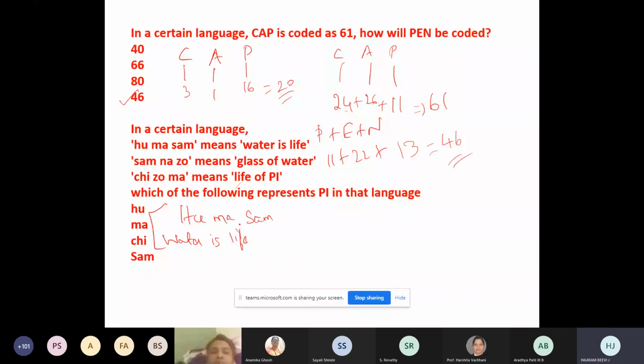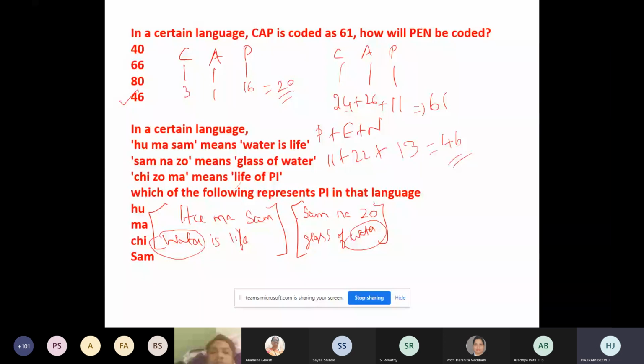In the second one, Samna Zo means glass of water. Let's see which term is common in both: water is life, glass of water. So water is common in the two sentences. Then see the coded sentences too. What is common in both? That is Sam. So water means Sam. Then the next one, Chizoma. In the second and third sentences, which one is common?